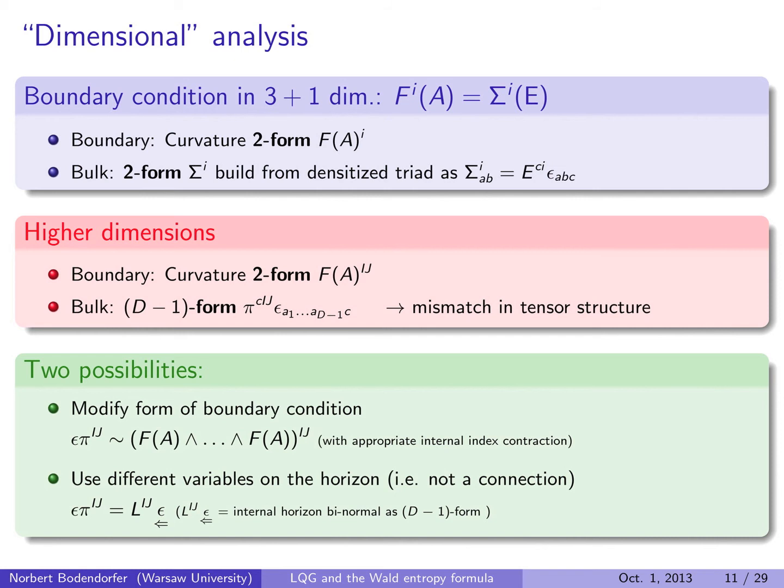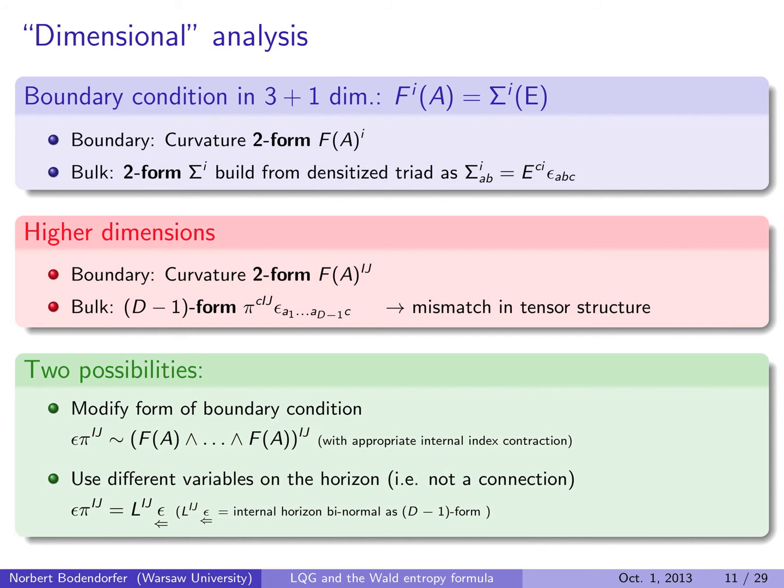Or you could say, well, I abandon using a connection on the horizon and I will use some other variables which fit nicer in this boundary condition. And you could just say that epsilon pi should be something like an L_ij, so some function which is Lie algebra valued, and then we just generate a form from it by using the epsilon symbol on the horizon slice H. So this double pullback here just indicates that this is a form which lives only on the horizon slice, which is codimension 2 in spacetime.